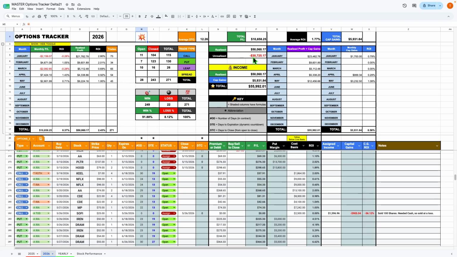And then if we look at this number here, you have negative 30. What I know about that, and I want to give clarity to some viewers who may not know how this spreadsheet works, is that that is accounting for some LEAPS contracts that are still open. So I need to spend money to purchase LEAPS contracts, so that is a debit against my account, and it shows up as a negative P&L.